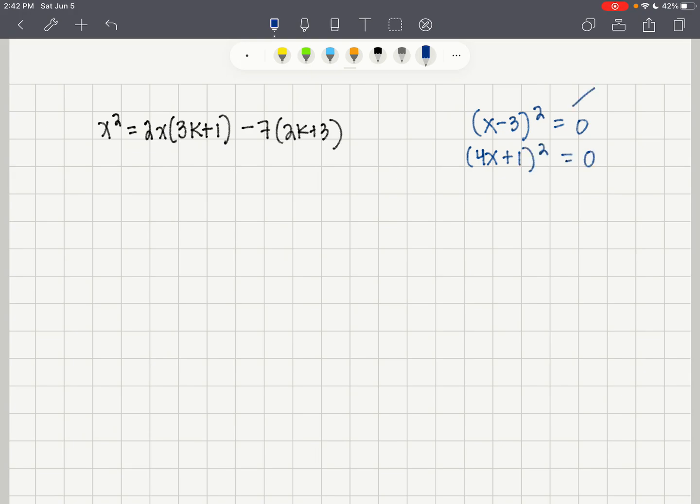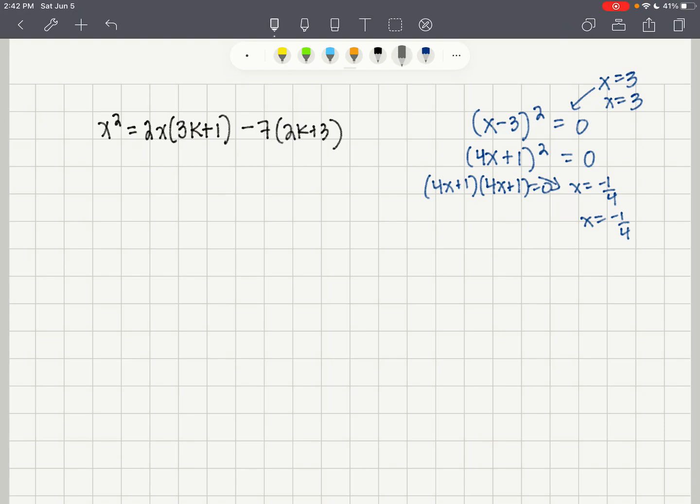In the first one, the roots would be x = 3 and x = 3. That would be a multiple root. Here, x = -1/4 and x = -1/4, because when we expand this, we'd have two equal roots. So we want that to be the situation for this problem that I'm posing on the left-hand side.